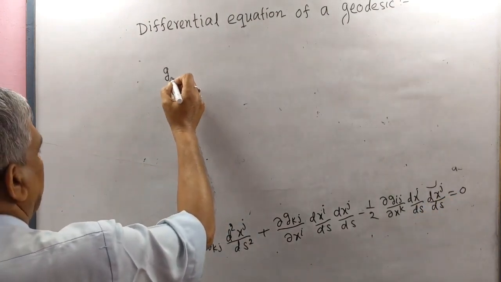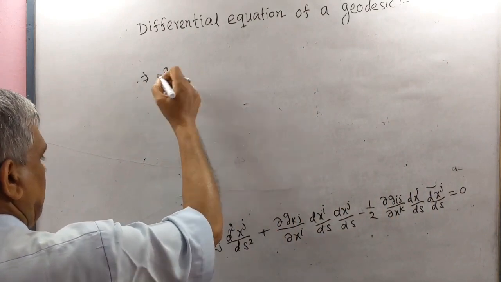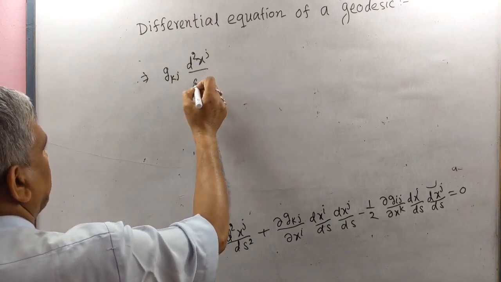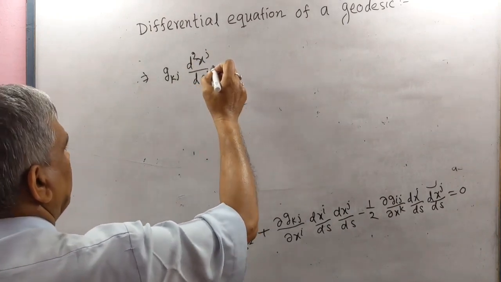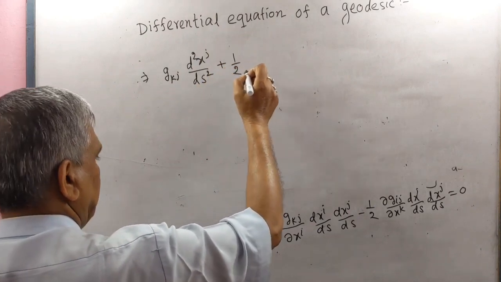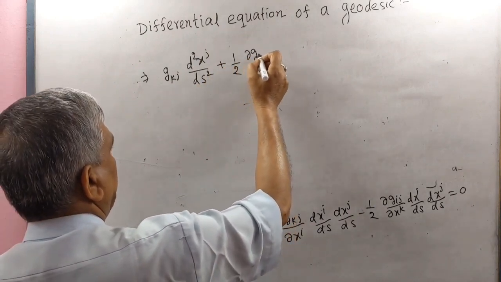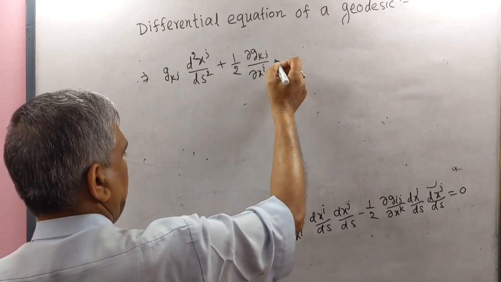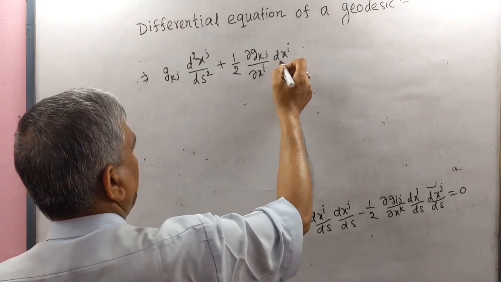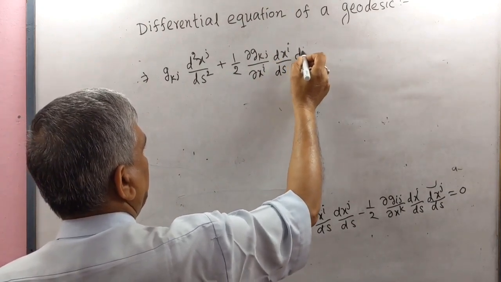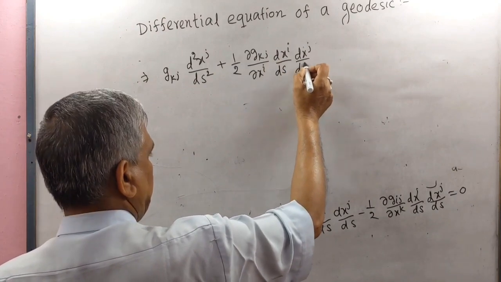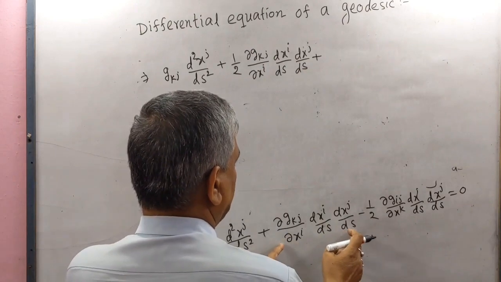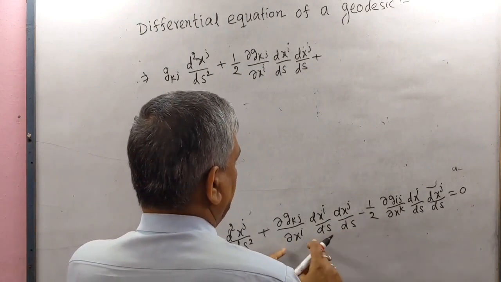Gkj d2xj by ds square plus half del gkj by del xi dxi by ds dxj by ds plus half. This term is taken half and half.